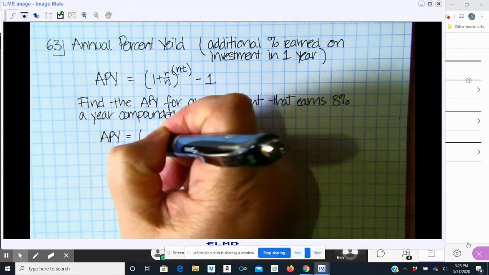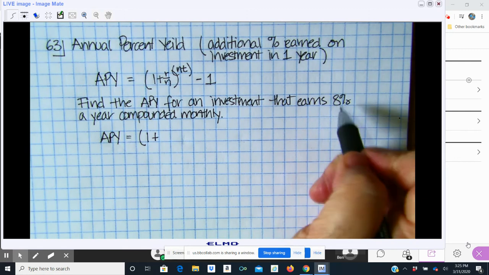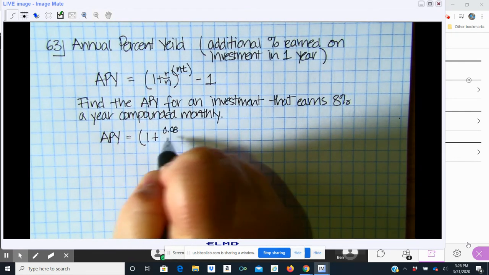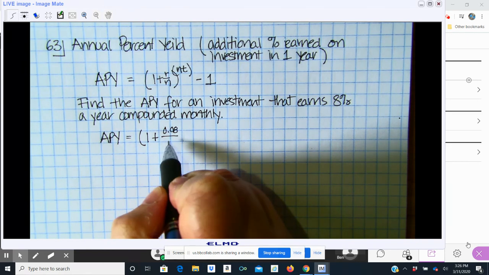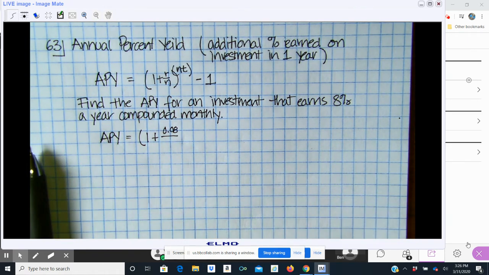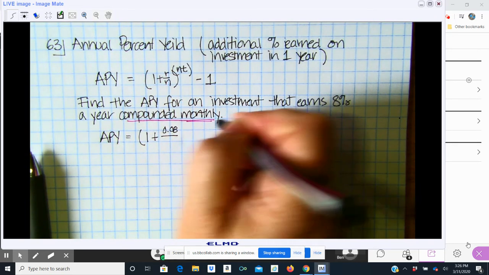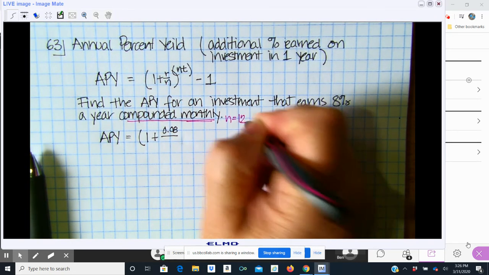Your APY would be 1 plus our rate of 8%, dividing that by the number of compounds in a year. And if we're compounding monthly, then our N would equal 12.